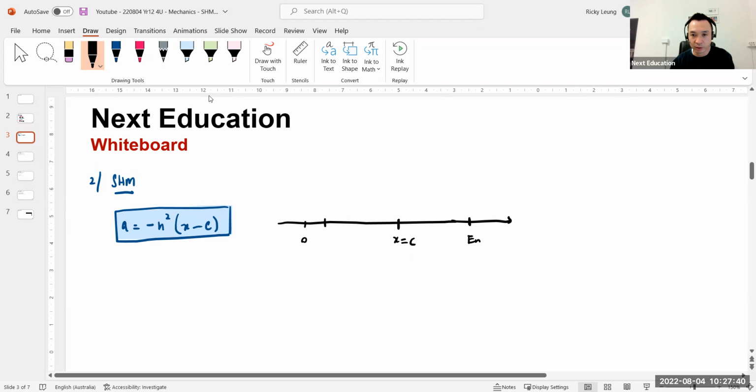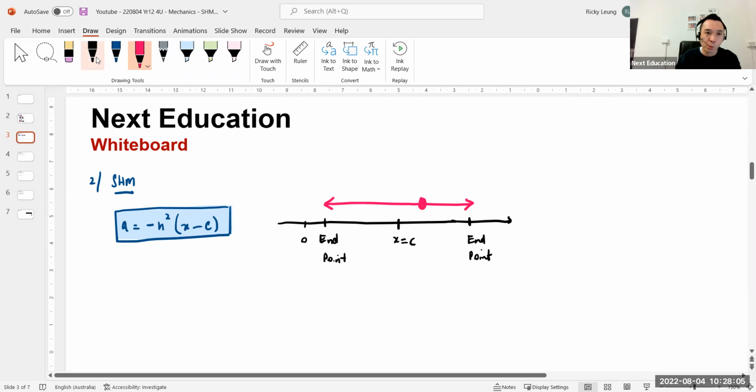So this is an endpoint here, and this is an endpoint here as well, right? So its motion is basically restricted to moving between here and here. Actually, I'll do arrows to illustrate that. So it moves left and right within that boundary.